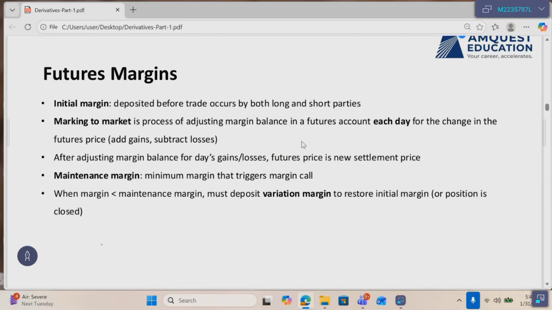Main difference: in a future, you are supposed to give an initial margin. Let's say I entered into an Infosys future. Now, remember, you always get a certain number of shares. So let's say I did 100 shares, and the value of Infosys is how much?